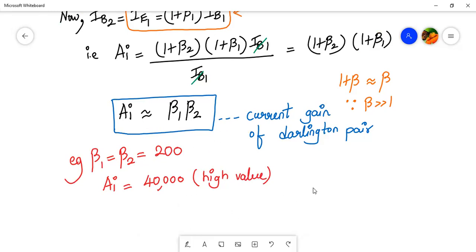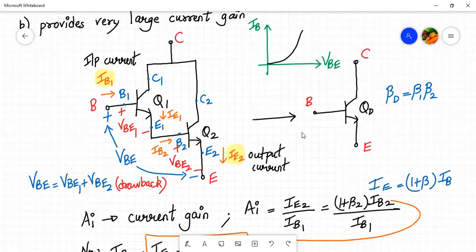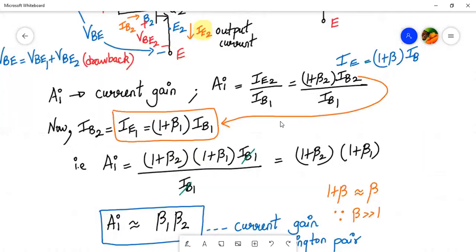And if my transistors Q1 and Q2 are symmetric, and normally they are symmetric, right?